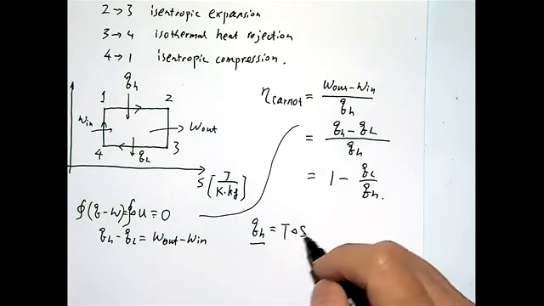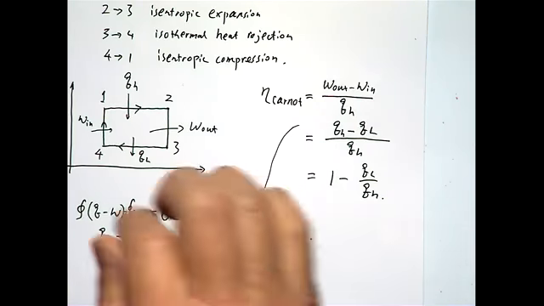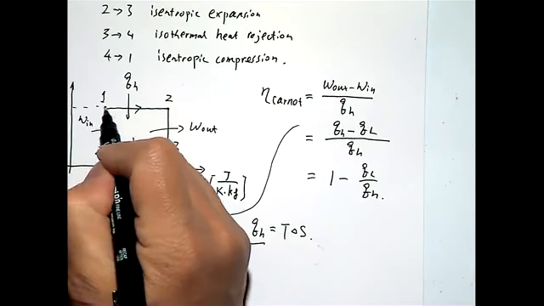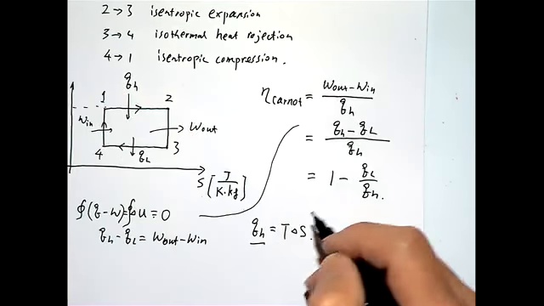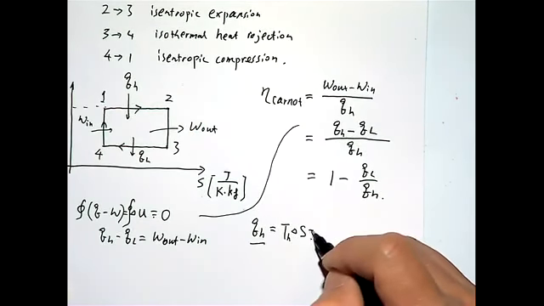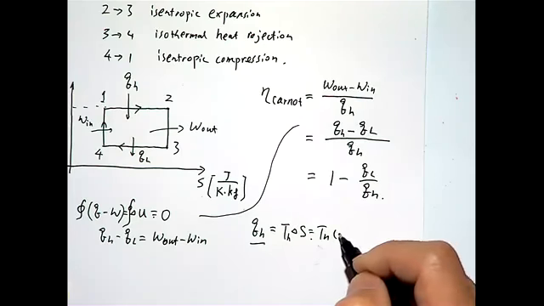And in this case, the temperature is constant, equal to TH, and then the change in entropy would be S2 minus S1.